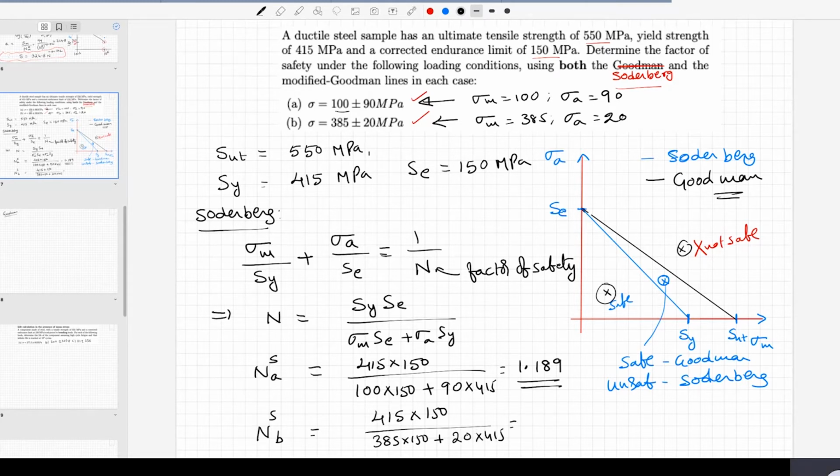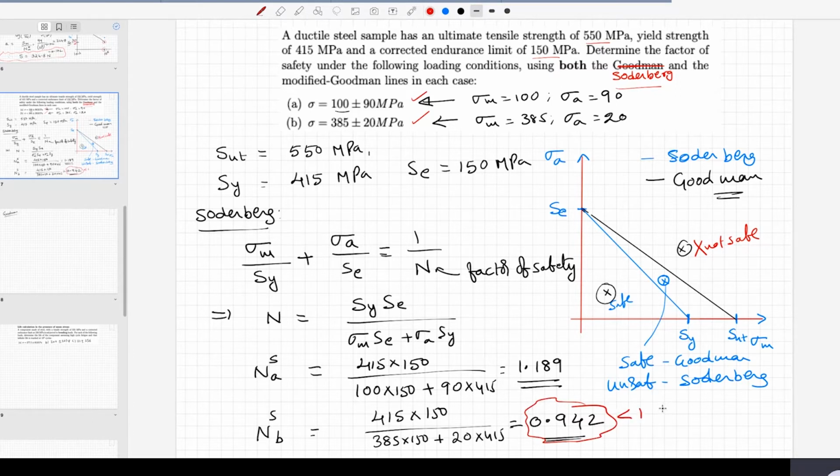Let me calculate once again: 415 into 150 divided by 385 into 150 plus 220 into 415. So that is basically coming out to be 0.942. Pay attention, this is less than 1.